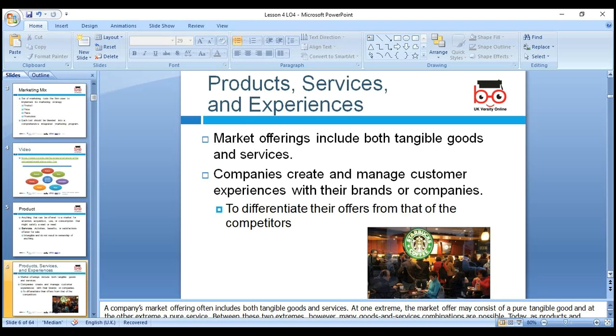How can we reduce it? Maybe we can better plan so the order goes straight to our kitchen and our chef can make it quickly, and plan the rotation or the drivers' locations to deliver better and reduce the time. A company can create and manage the customer experience with their brand and differentiate their offers from competitors, like the Starbucks cafe is an example here as well.